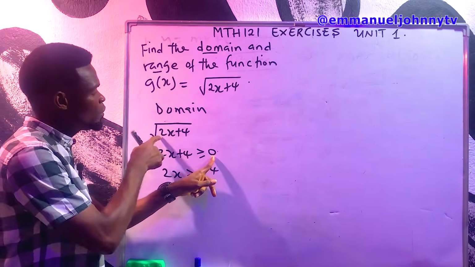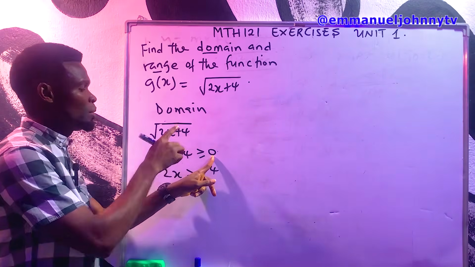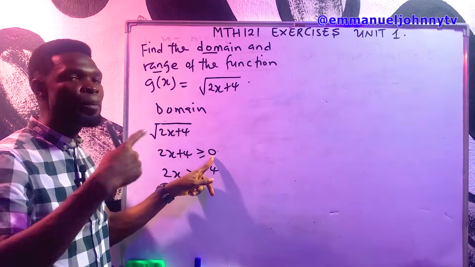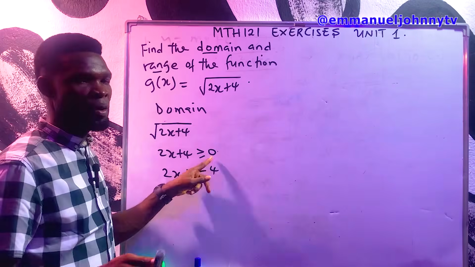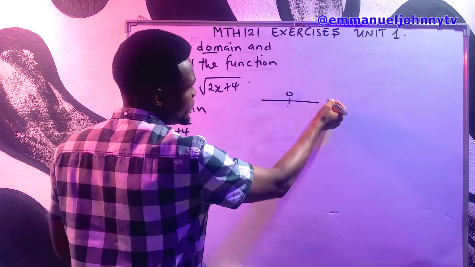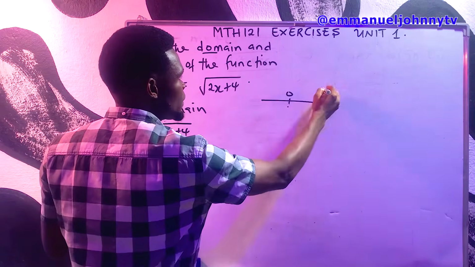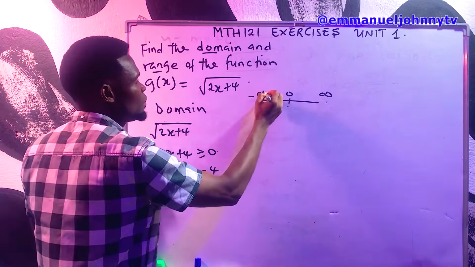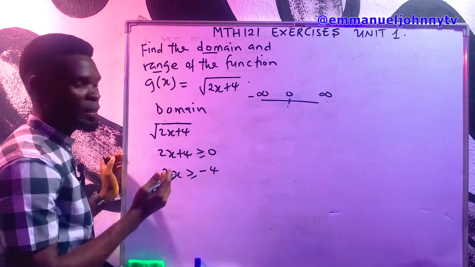That means the values inside this root sign must be numbers which are 0, or numbers that are greater than 0. Of course, you know that in the number line, if this is 0, then numbers greater than 0 are positive numbers till infinity, and numbers less than 0 are negative numbers till we keep going to negative infinity.